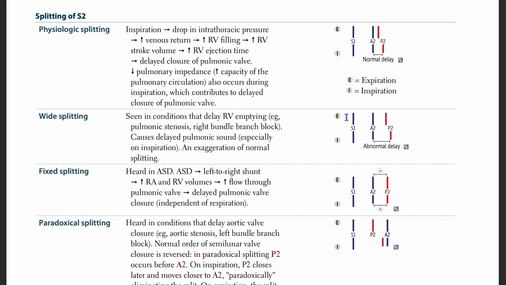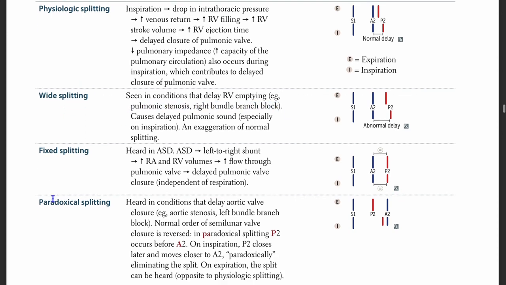Normally it's going to be a little wider apart, but even with inspiration it's going to be even wider than that. So in a question stem they'll just tell you that a wide splitting of S2 is heard, and that should give you a hint to what the answer is going to be. It's going to be one of these two.